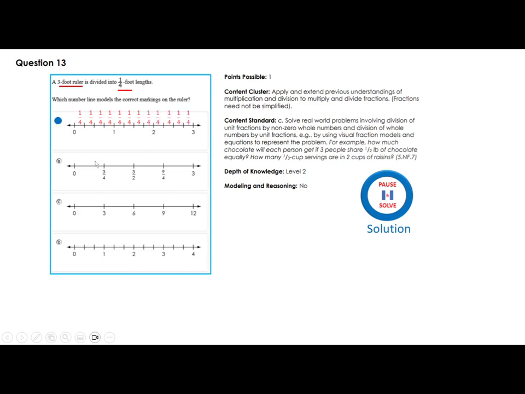This one here is 3/4, 3/4, 3/4, so it's not divided by 1/4. This one is not a 3-foot ruler. This one is not a 3-foot ruler. And that's divided by 3 actually, you see? By 1/3, by 1/3.